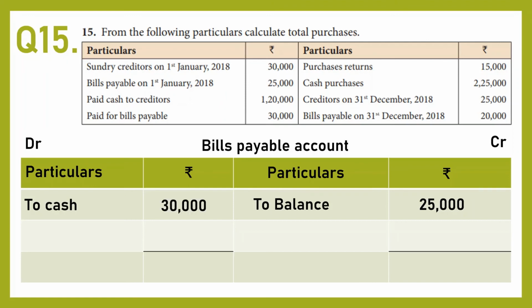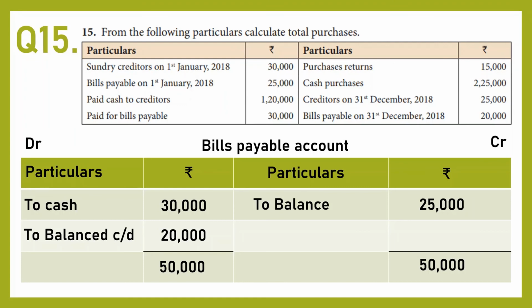And then what is the closing balance? Closing balance is 20,000. The total of this is 50. And the balancing figure, what I get here is nothing but 25,000. So this is the creditors account. When I prepare the creditors account, I'll take this balance there.